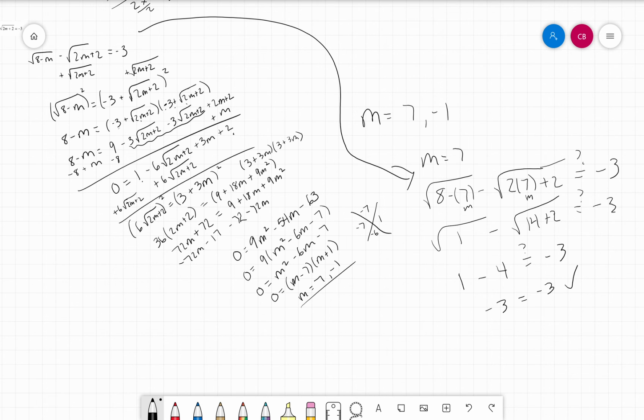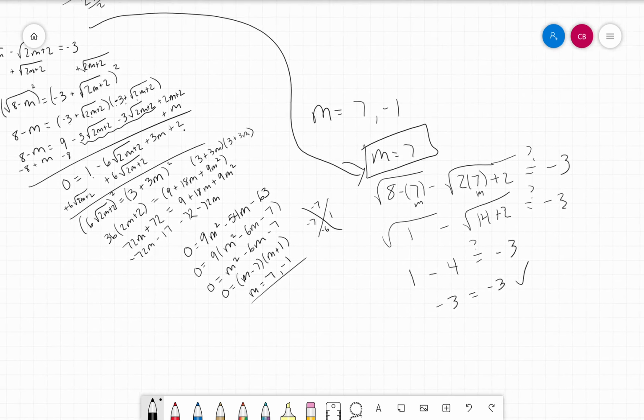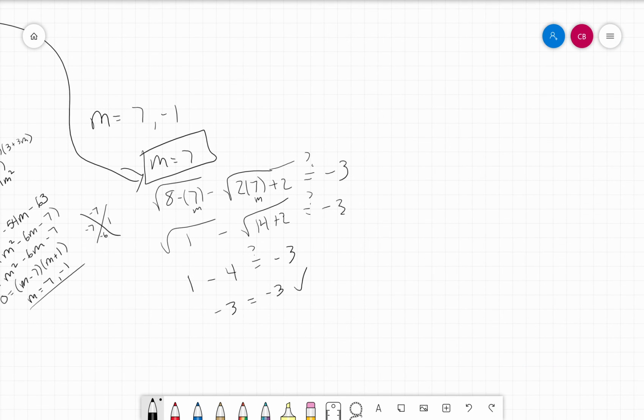So, m equals 7 is a solution so far. Then we have to plug negative 1. So let's do that. Square root of 8 minus negative 1, and then minus square root of 2 times negative 1 plus 2 is equal to negative 3.